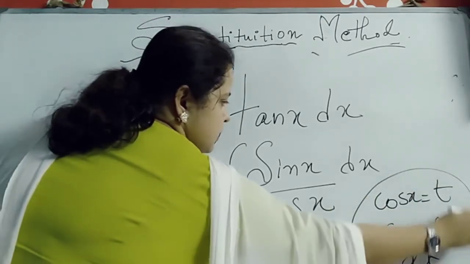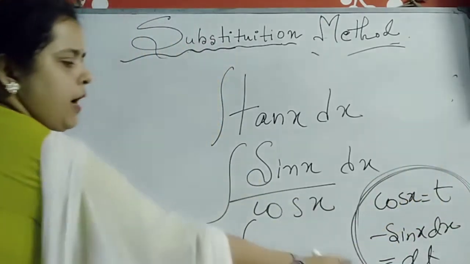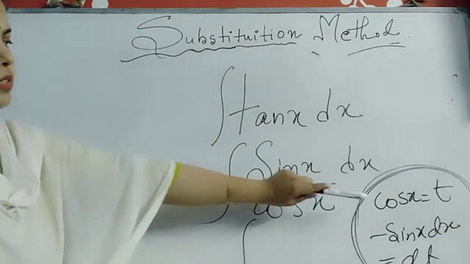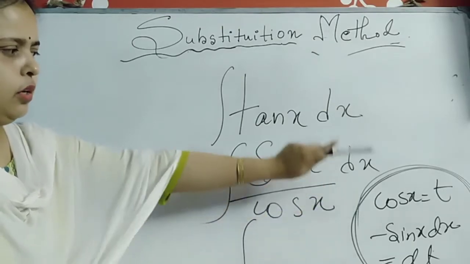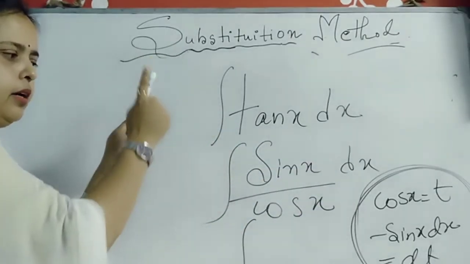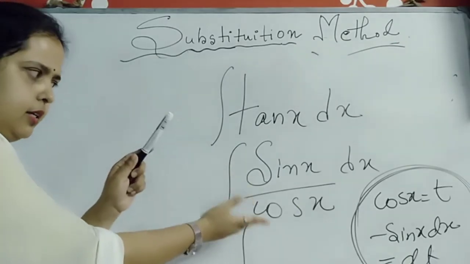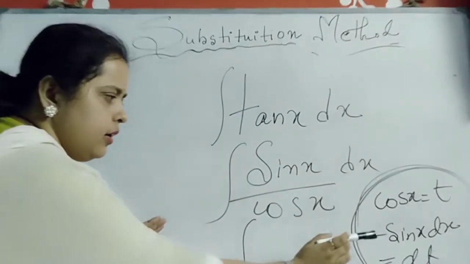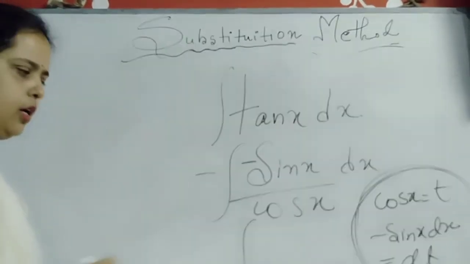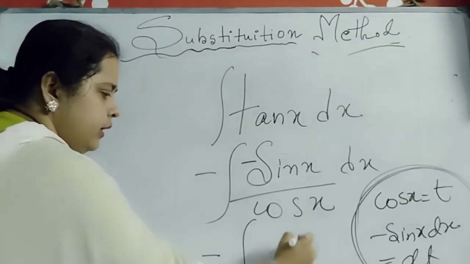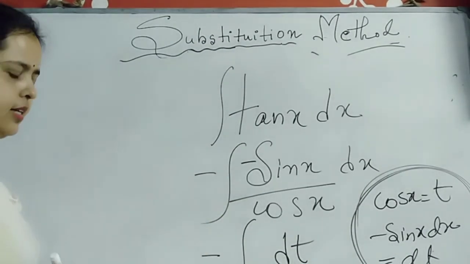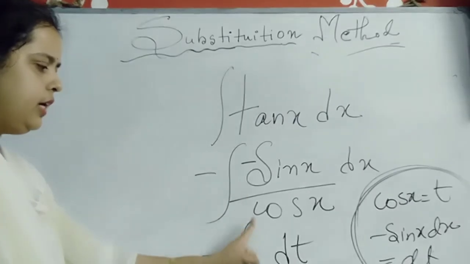Please focus on this part. Cos x is t, so this is going to become almost dt. What is not there? This minus is not there. Let's bring a minus sign, and a dt here now. So what is it? Yes, this is integration of dt by t.